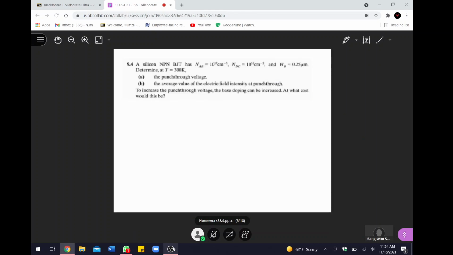Okay, let's move fast. Okay, 9.4. This one is punch through. As we discussed, when the device operates in the active region with reverse bias, as we increase the reverse bias between the collector and base, the depletion region in the base is going to increase.